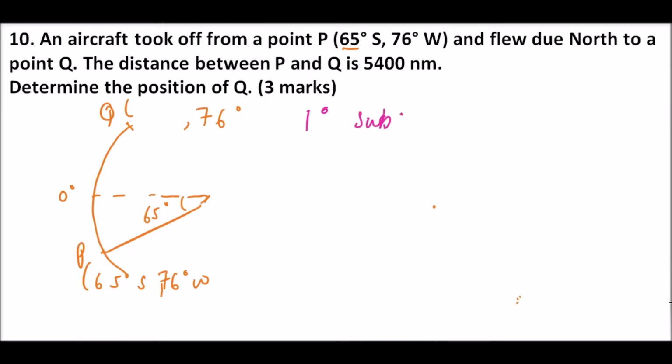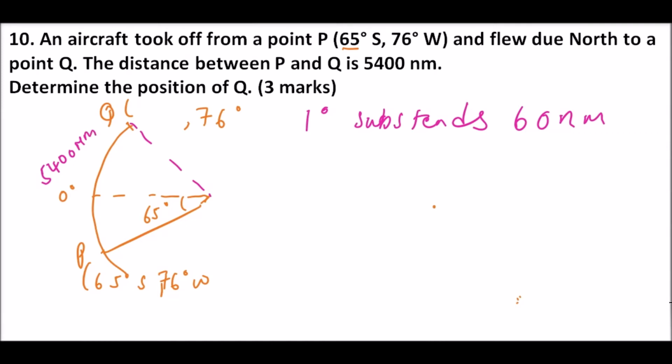So we say that 1 degree subtends 60 nautical miles, and therefore to get the angle, this distance is 5,400 nautical miles.